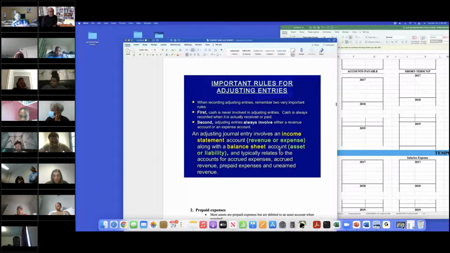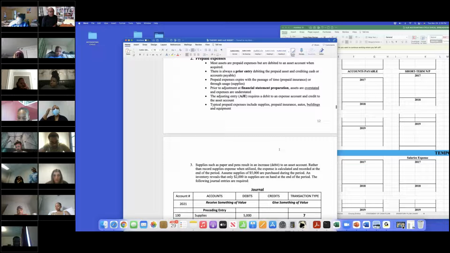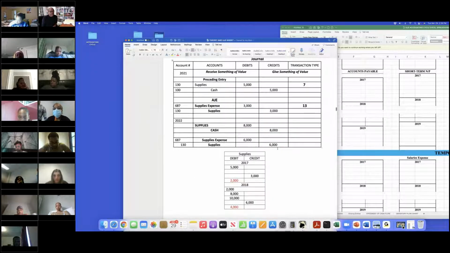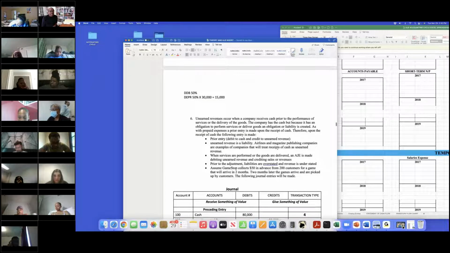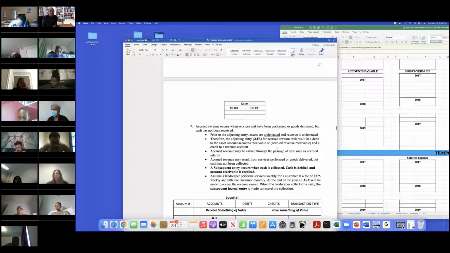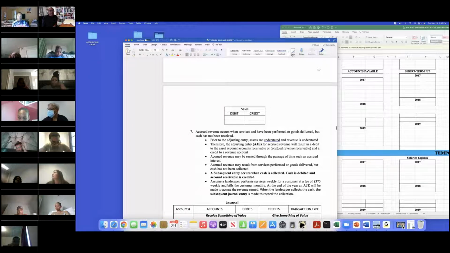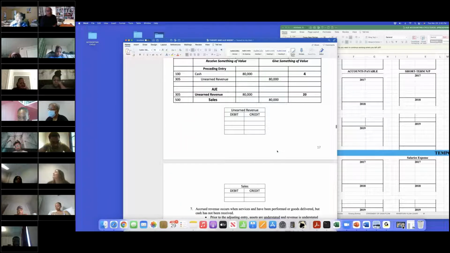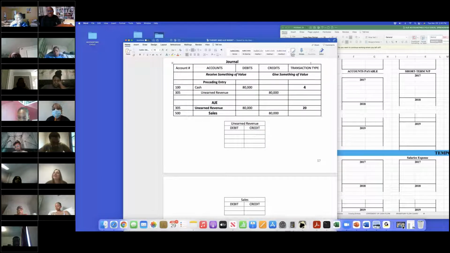And we started off looking at unearned revenue. We said that unearned revenue was typically the easiest one to look at. And so if we look at our example, let's just go to our spreadsheet.